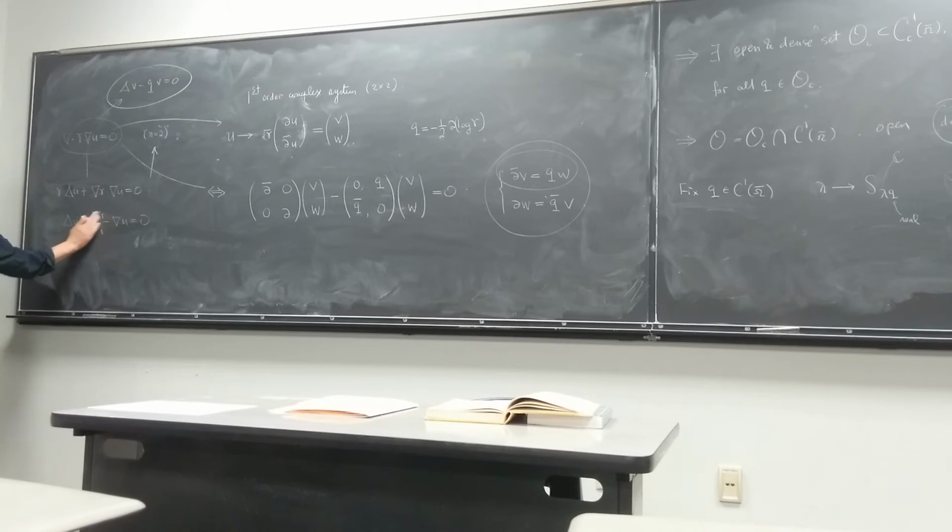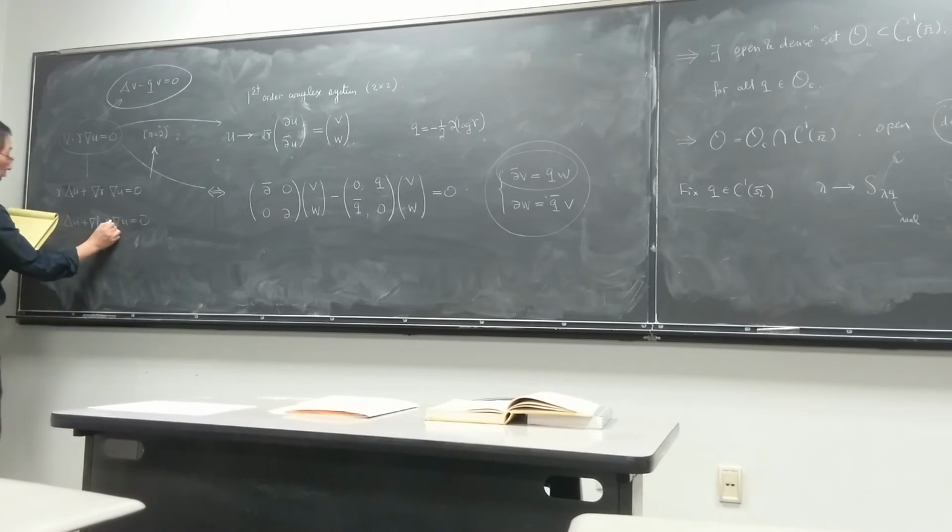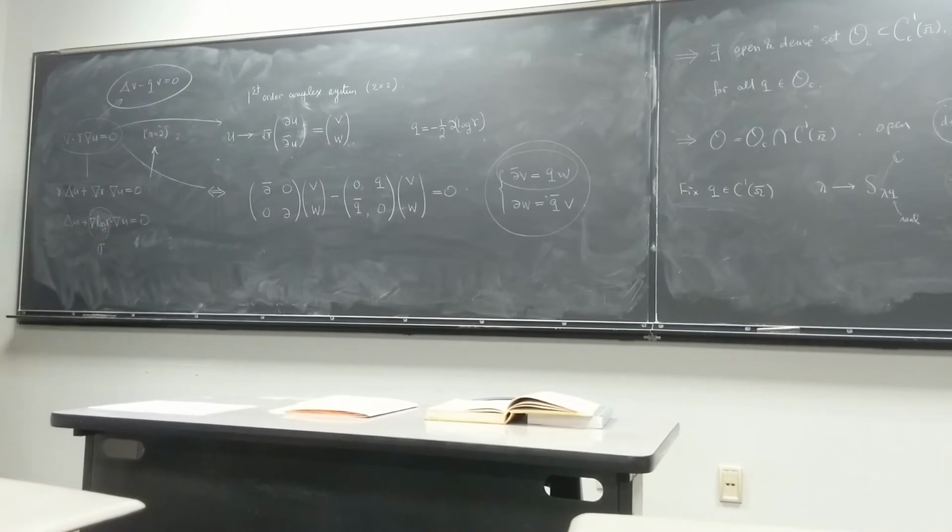But this is just the gradient of log R, so I'm going to call it by another name: sigma is denoted by the gradient log R. So we're going to start from here.